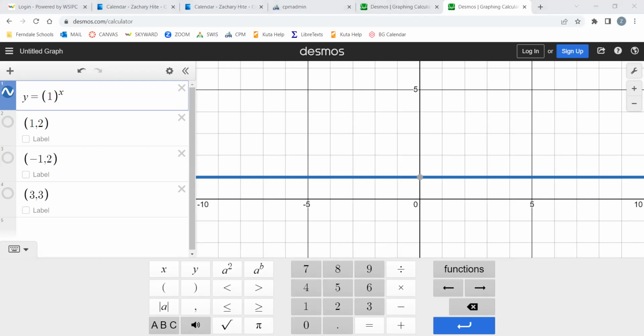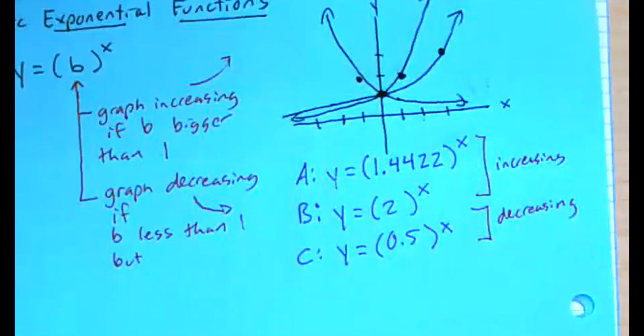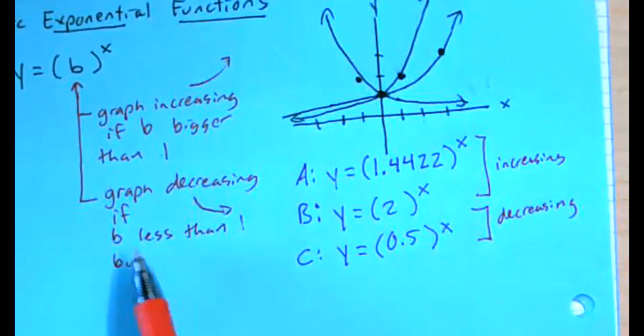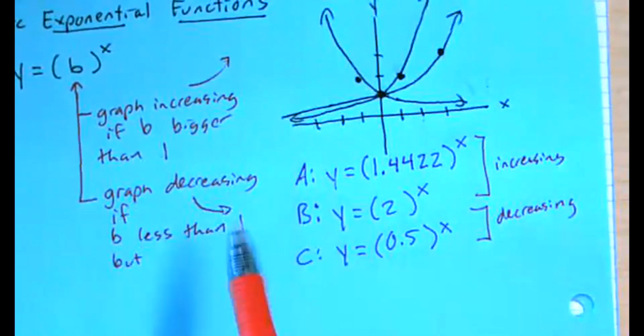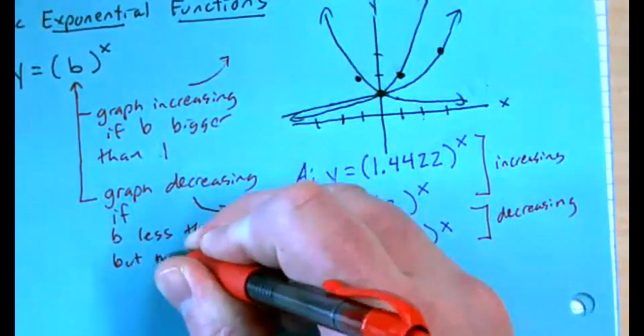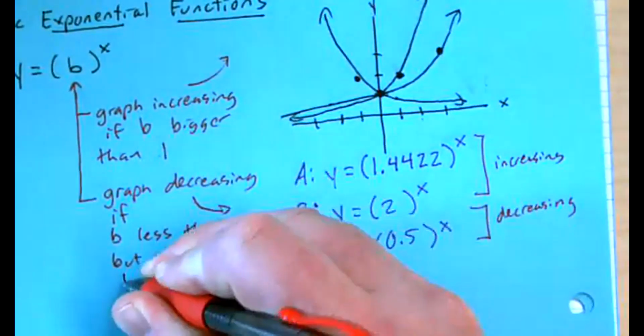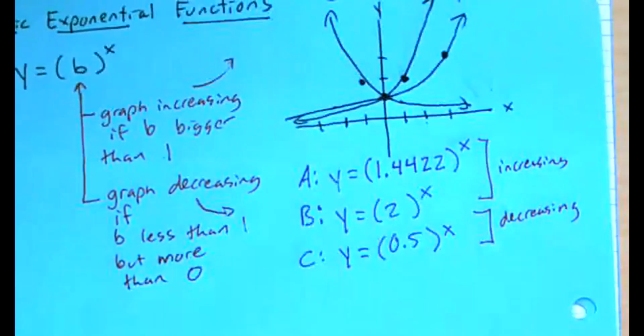Back to this. I wish there was a shortcut button for that. So the graph is decreasing if B is less than 1, but more than 0. It's like 0.5 is going to be a decreasing graph. 0.9 is going to be a decreasing graph. 0.1 is going to be a decreasing graph.